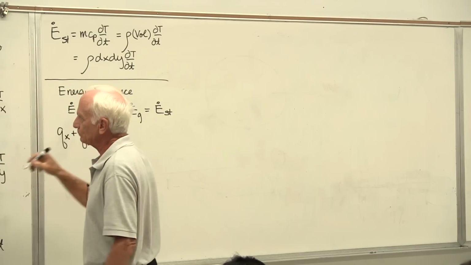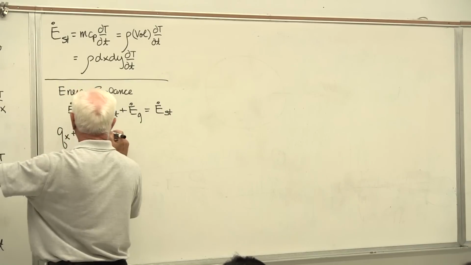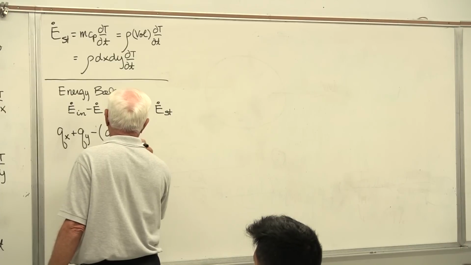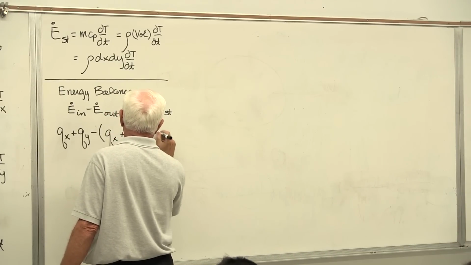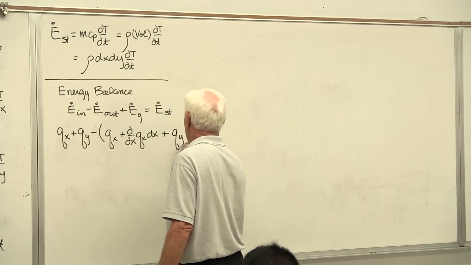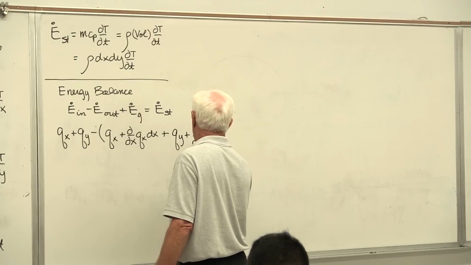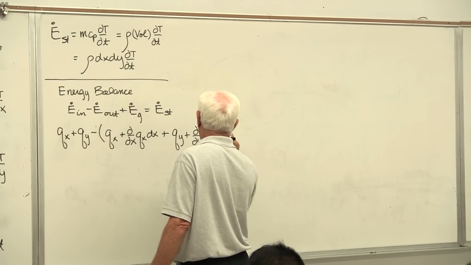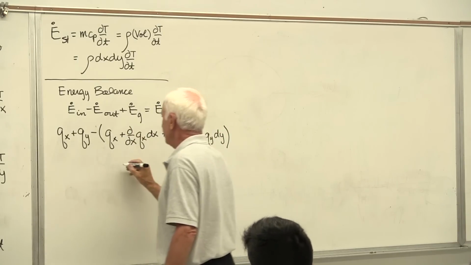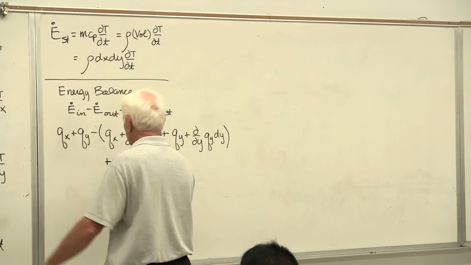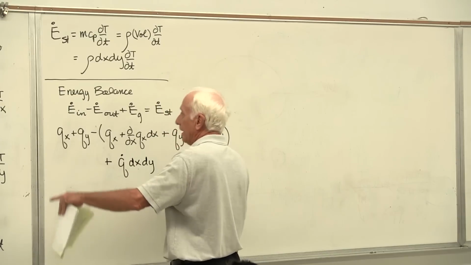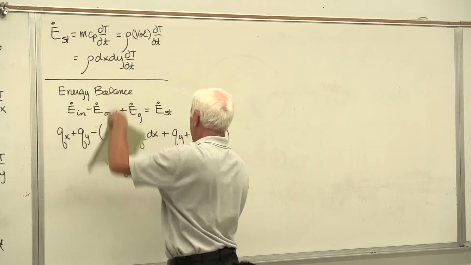Look at the picture, or this equation right here. And then we have Qy going out. And then we have plus E dot gen down here. And then we have that equals E dot storage up here.